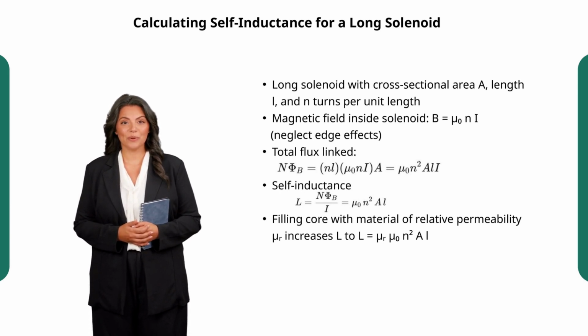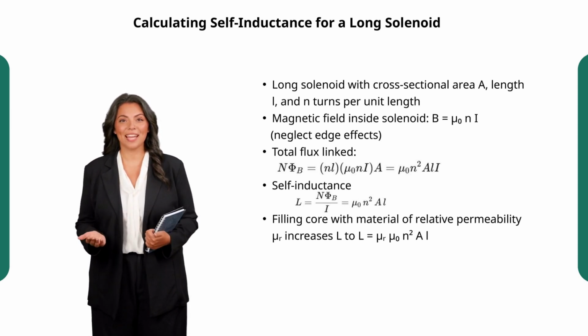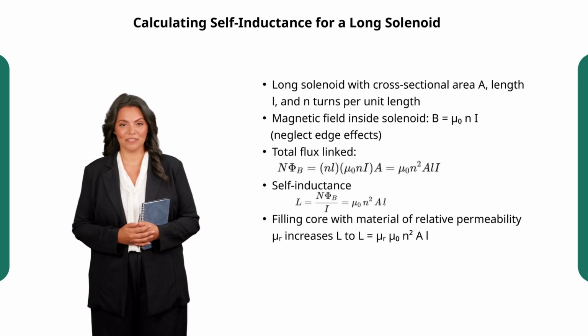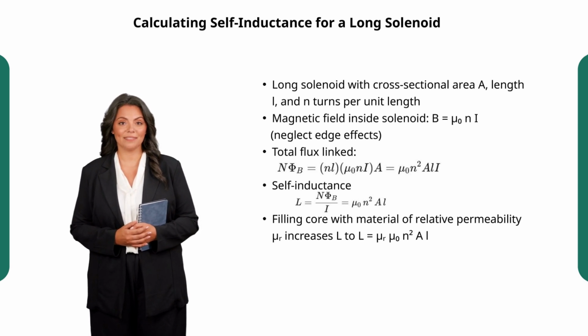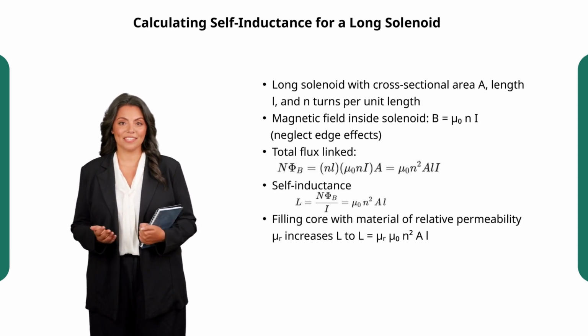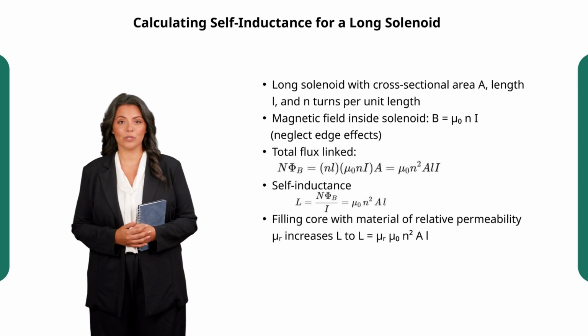Consider a solenoid with cross-sectional area A, length L, and number of turns per unit length n. When current I flows through it, a magnetic field B arises inside, approximated well by B equals μ0 times n times I. Edge effects at the ends are neglected since the solenoid is long compared to radius.